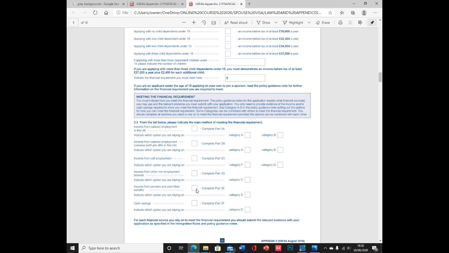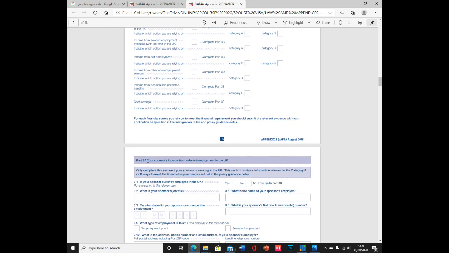In this category, if you are receiving a mixture of payments, then you will need to show a full year's income, 12 months. And cash savings, as I said before, £62,500, and you will also need to show what category you are applying under.